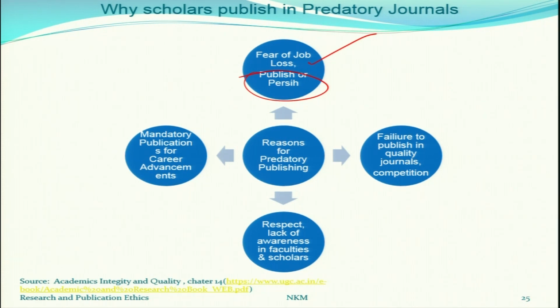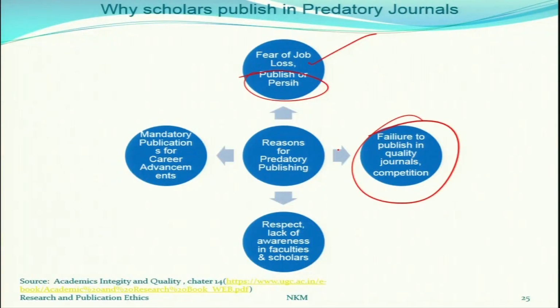Another point is that if a researcher is trying to publish and somehow is not getting success in good journals, then they choose some low quality journals. They realize this failure in publishing in quality journals, and they face competition to publish also. In the competition they sometimes choose low quality journals, which are the predatory journals.